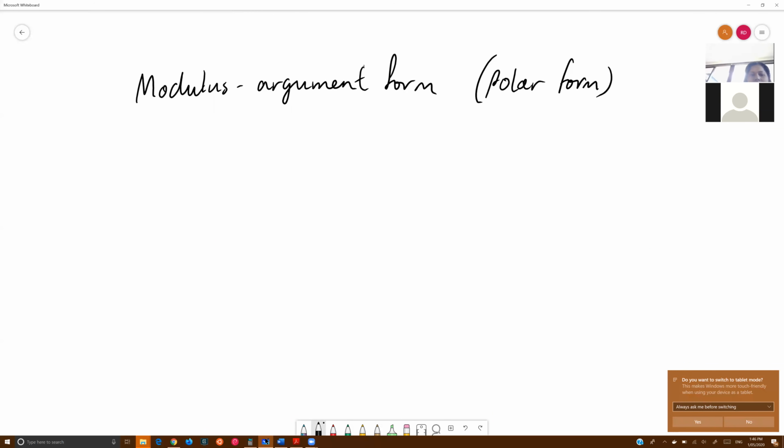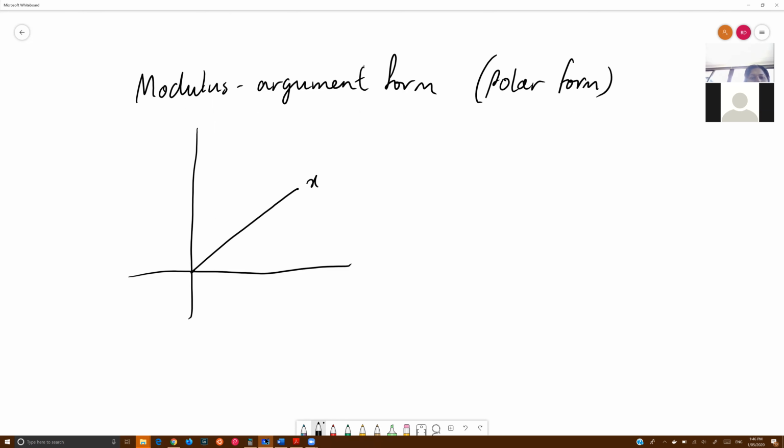Okay, so what it means is, let's go back to that diagram we just had. So if you have a complex number, x plus iy. Now, going back to when we did trig, remember this, if this is theta, and let's say that's r, the vertical distance is r sine theta. And the horizontal distance is r cos theta. So it's just using trig ratios. Sine theta is opposite over hypotenuse.